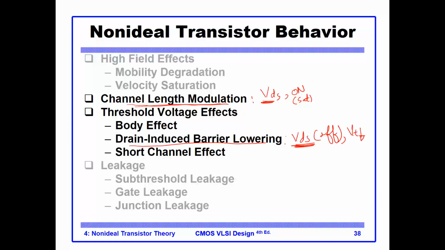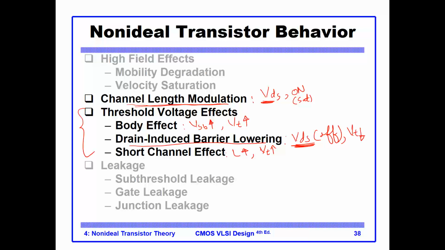Okay, and the body effect: when V source-body increases, it tends to increase VT as well. And the short channel effect says that in short channel devices, when we increase the length of the device, we increase the VT of the device. So this is some kind of quick summary here, but I'd like to show you the relationship.